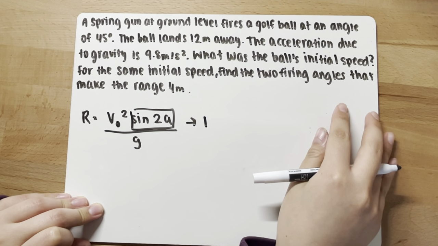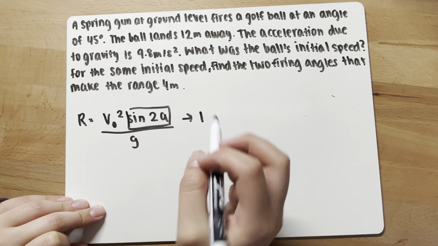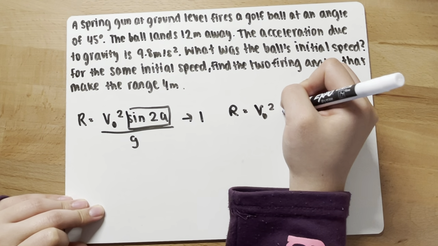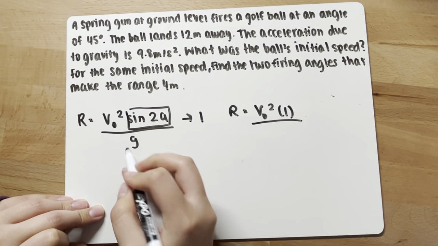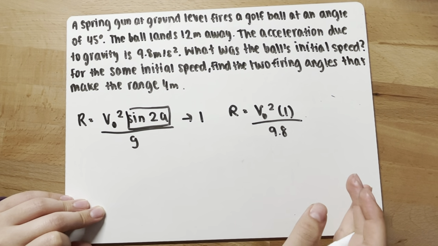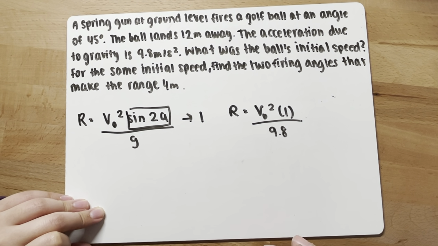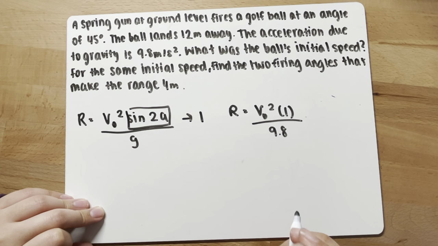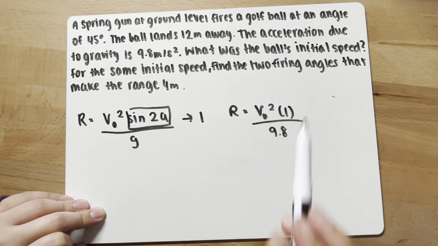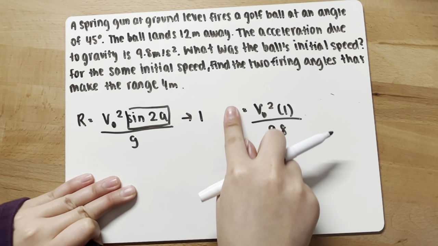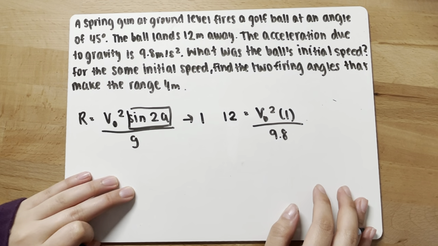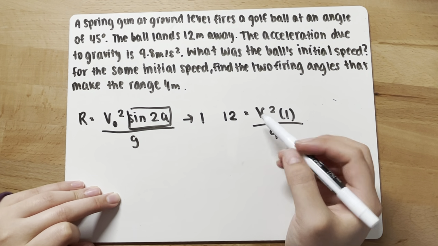Now you want to rewrite the equation because we now know what this is. So R is equal to initial velocity squared times 1, over g, and g is 9.8 because the acceleration due to gravity is 9.8 meters per second squared. What else do we know? We know that the range is 12 meters because the ball lands 12 meters away. So we can plug 12 into R, and then we will have initial velocity left.